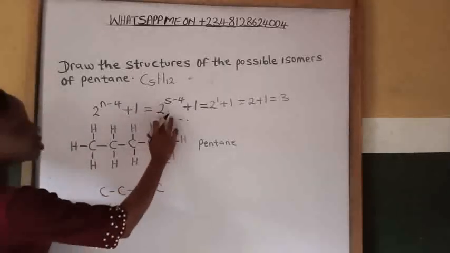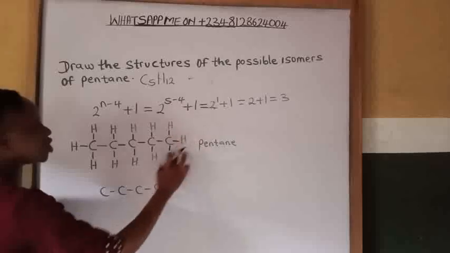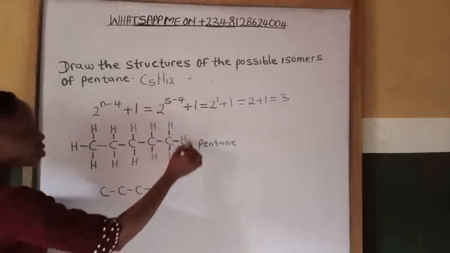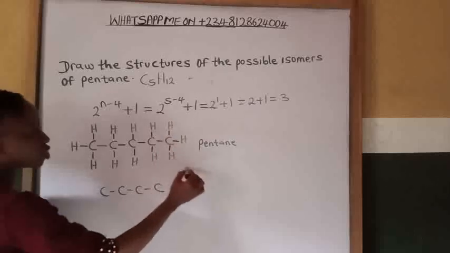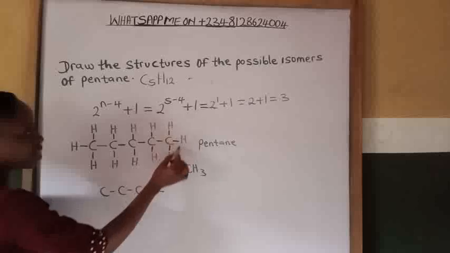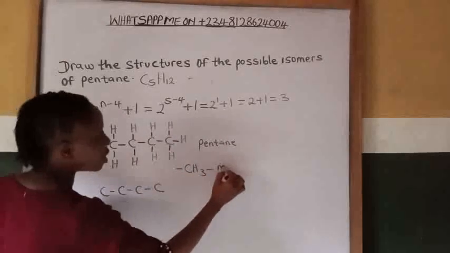The carbon atom that you remove goes with all the hydrogen atoms that surrounded it. If you remove this carbon atom, it goes with 3 hydrogen atoms. So you are removing CH3, C and 3 hydrogen atoms. CH3 is called methyl.